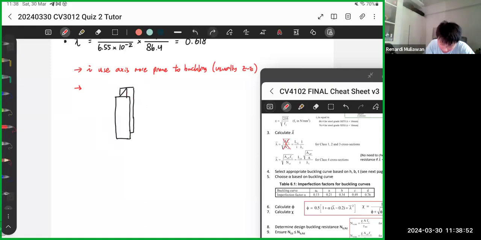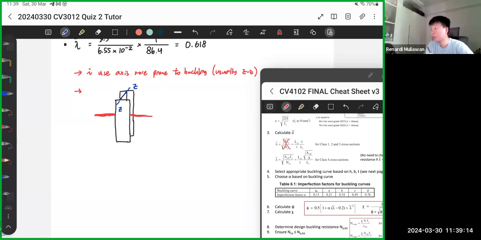However, if you put some restraint in the middle, for example you put restraint here, only in the ZZ direction, then this implies that your column in the ZZ direction won't bend the whole length. When it buckles, it will buckle half like this, half like that.